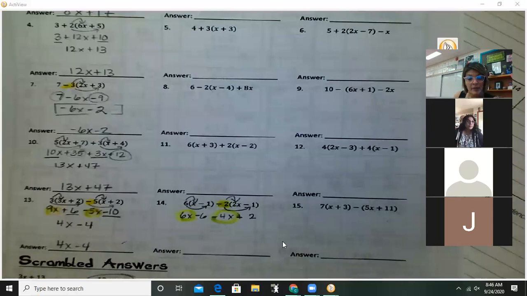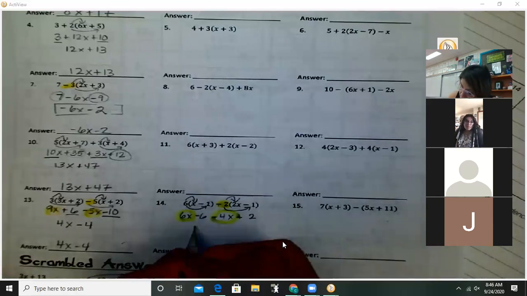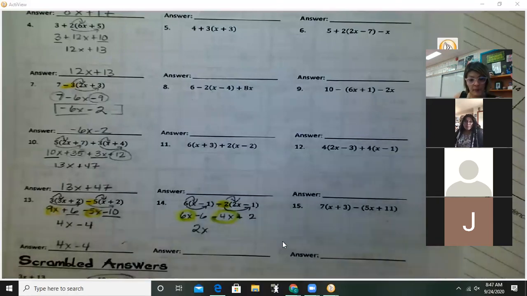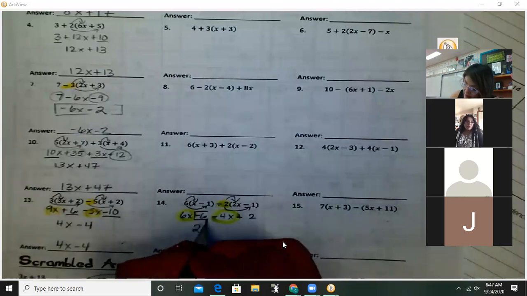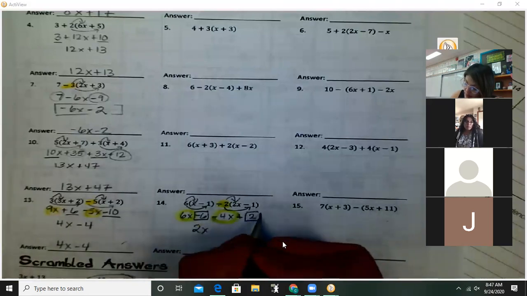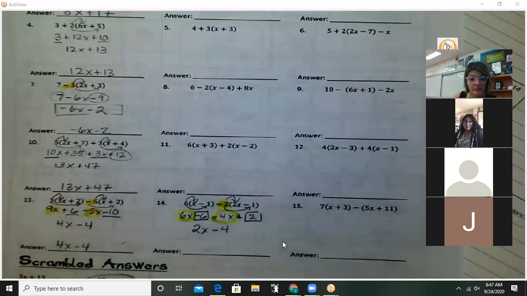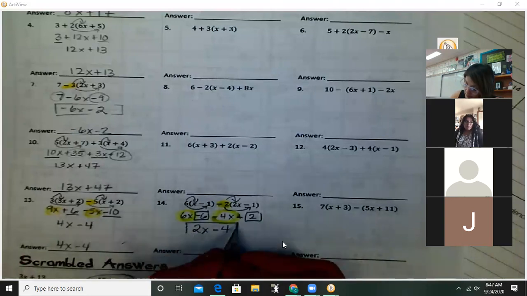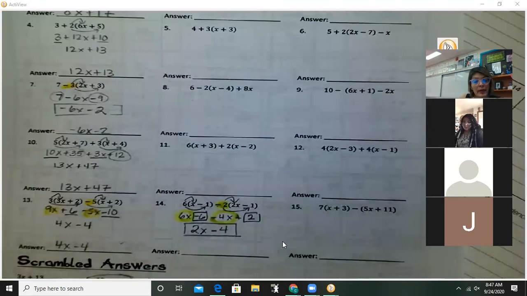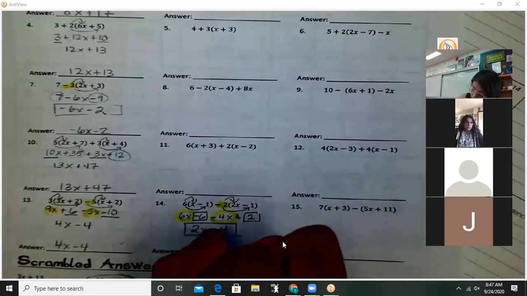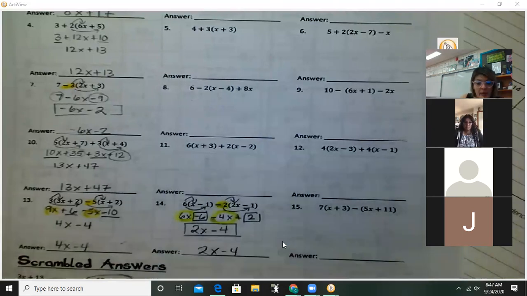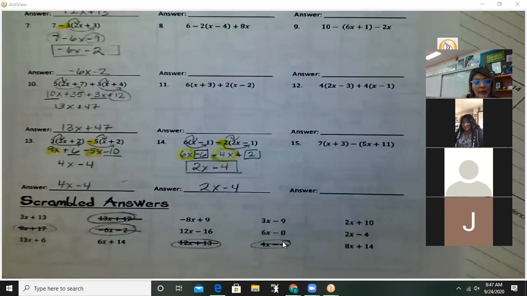And I combine those together, I'm going to get 2x. Negative 6 and 2 is negative 4. 2x minus 4. Then I look on the bottom here and I look for that answer and it's right here.